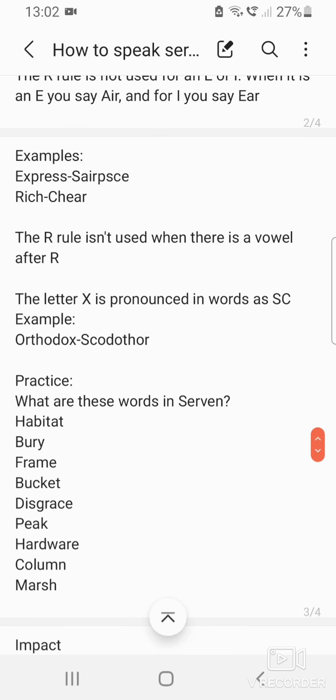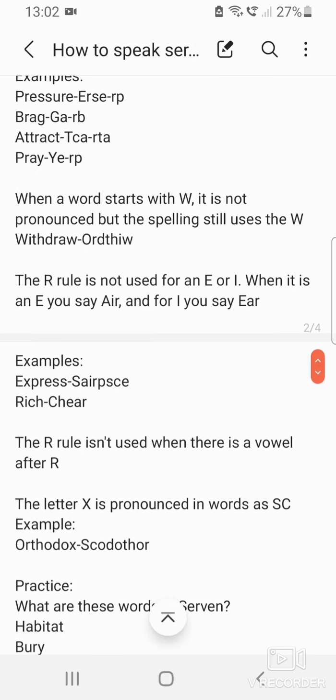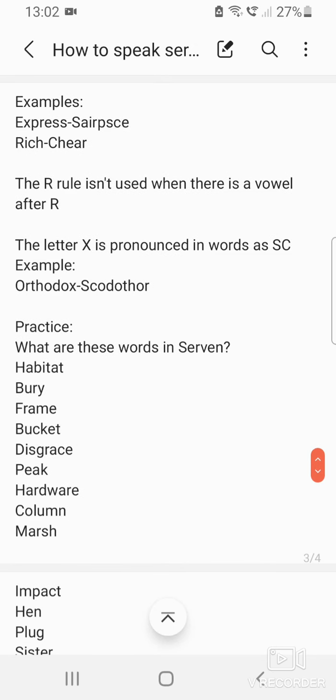Then also, the R rule isn't used when there is a vowel after the R. It's easier if I explain like this.